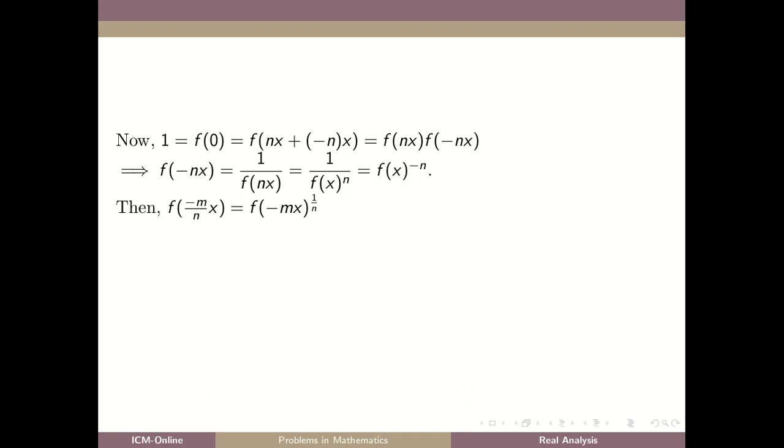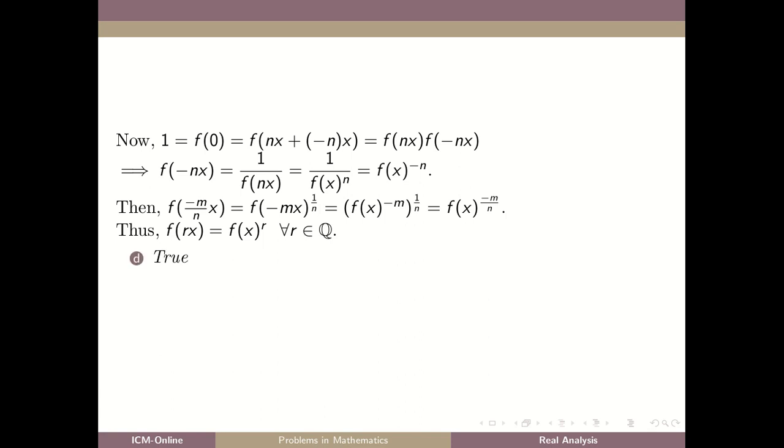Now f of minus m by n x equals f of minus m x to the power 1 by n, and which can be shown to be equal to f of x to the power minus m by n. Thus f of Rx equals f of x to the power r for every rational r.